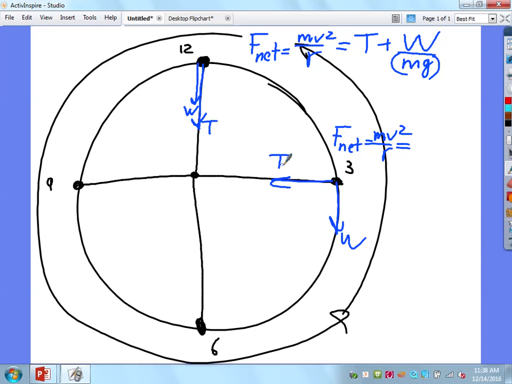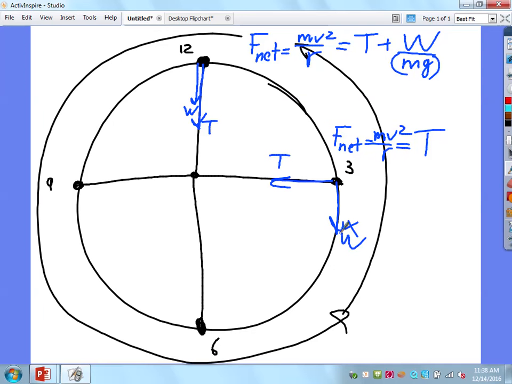Tension is still pointing towards the center, so I'm going to include tension and it's positive. But weight is pointing not towards or away from the center. So guess what? The weight has no factor. It doesn't affect the circular motion of the object when it's at the 3 o'clock position.